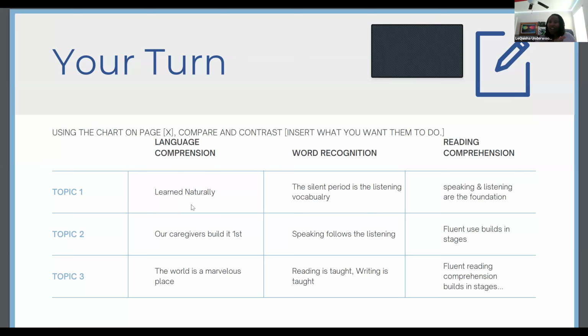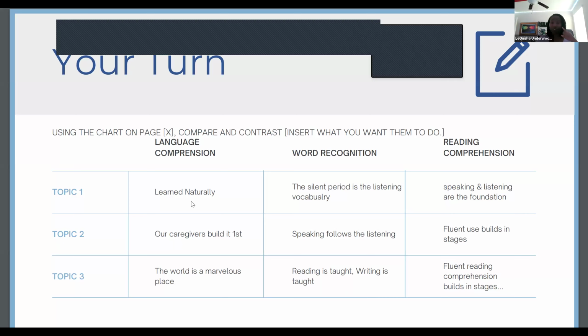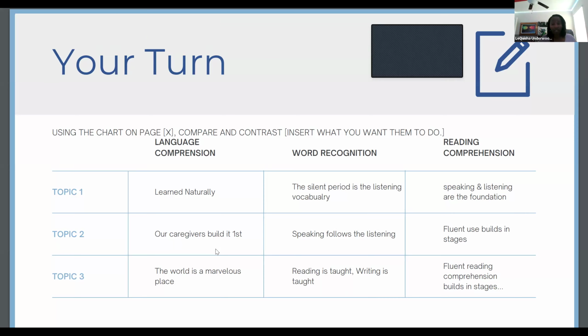That's our first building of language knowledge. It's learned naturally from what we hear and observe around us from a very young age. The world is considered a marvelous place here because that language development from 0 to age 6 is phenomenal. The number of words that are learned and said just from the everyday environment is really amazing to watch and see. If you have any young people around you and you've witnessed them grow, you really observe this in an organic way.